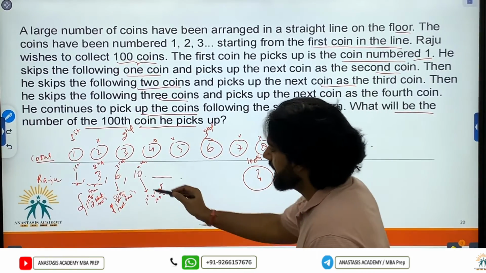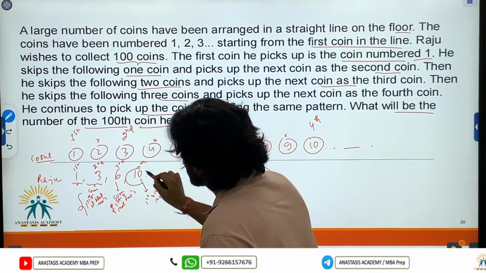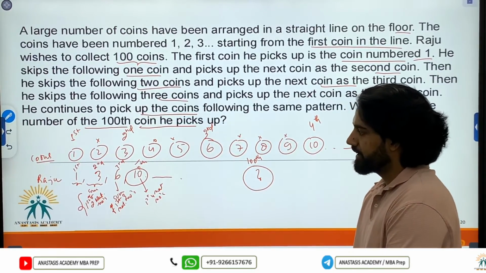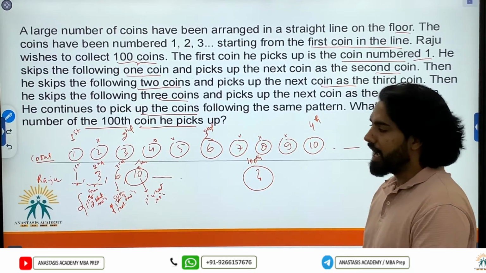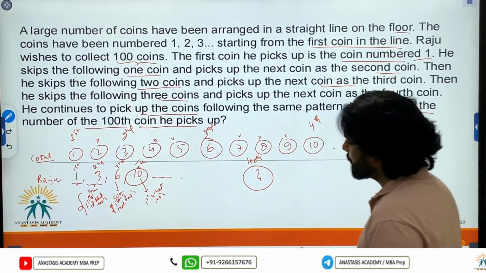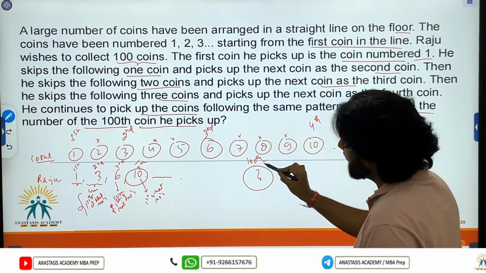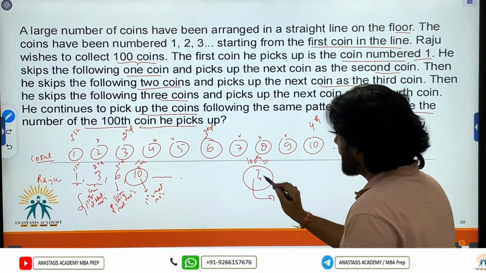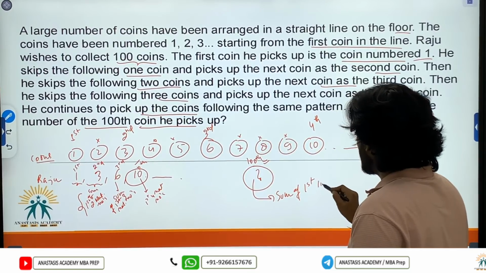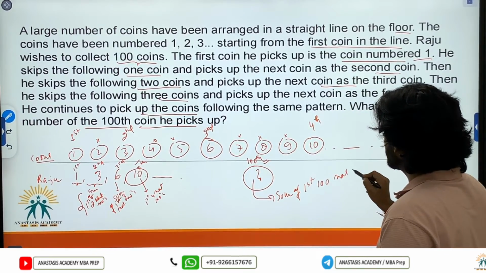For example, to find the number written on the fourth coin that Raju has picked, I have to add the first 4 natural numbers. So to find the number written on the 100th coin, we have to find the sum of the first 100 natural numbers.